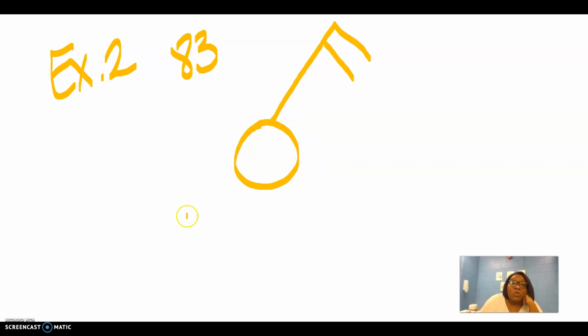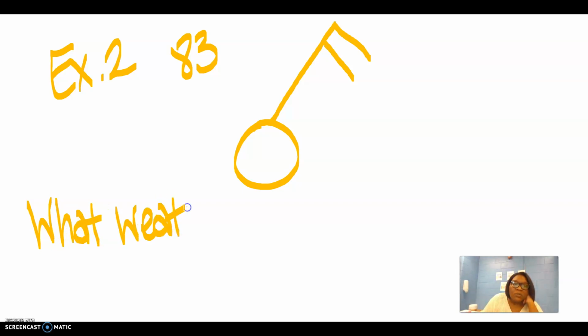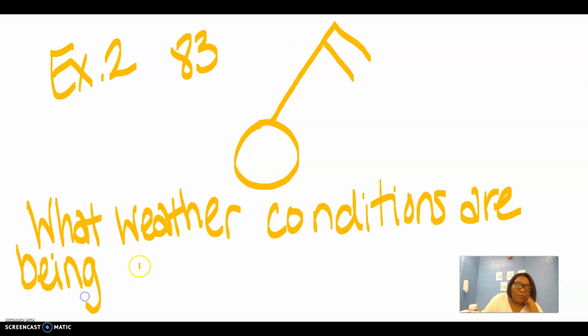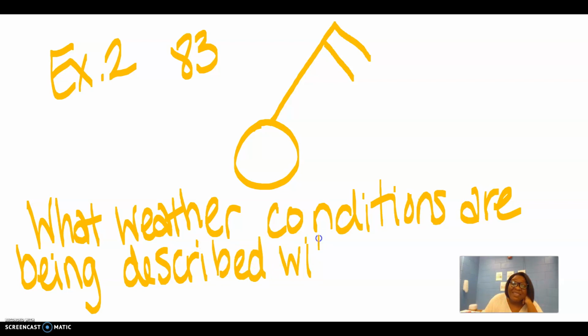So what kind of weather do we see here? Let's write down this question. What weather conditions are being described with this station model?